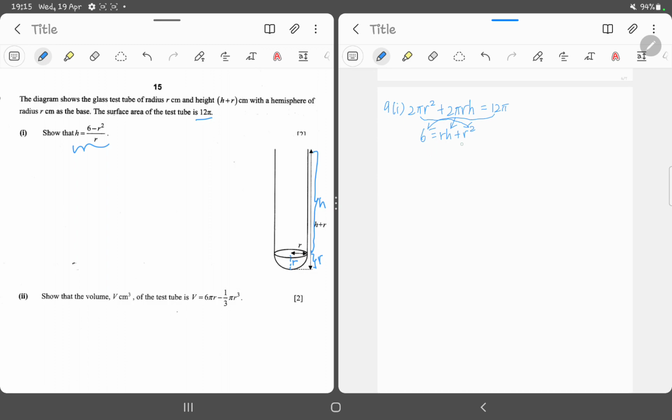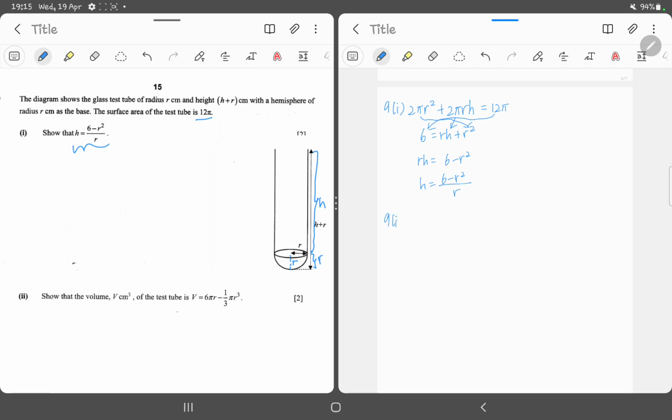Let's bring r squared over, so we get rh equals 6 minus r squared, and dividing by r, making h the subject, we get h equals 6 minus r squared over r. And we are done with 9 part 1.